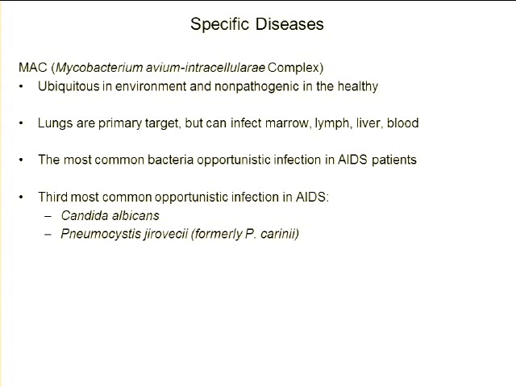What we used to call pneumocystis carinii is now called jirovecii. It's the same organism. So anytime you see pneumocystis carinii, people are talking about pneumocystis jirovecii. They're just calling it by the old name. So you may want to correct that person and tell them that the new name is jirovecii.